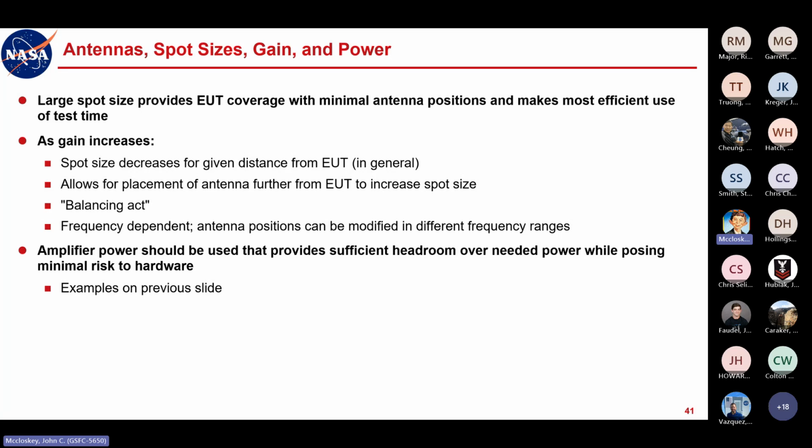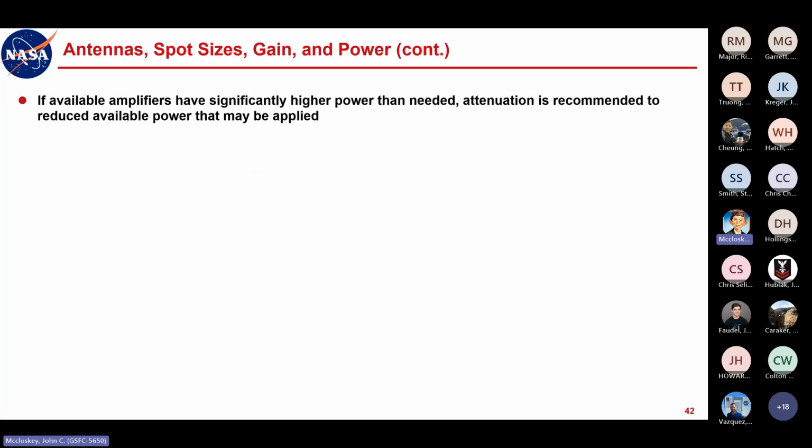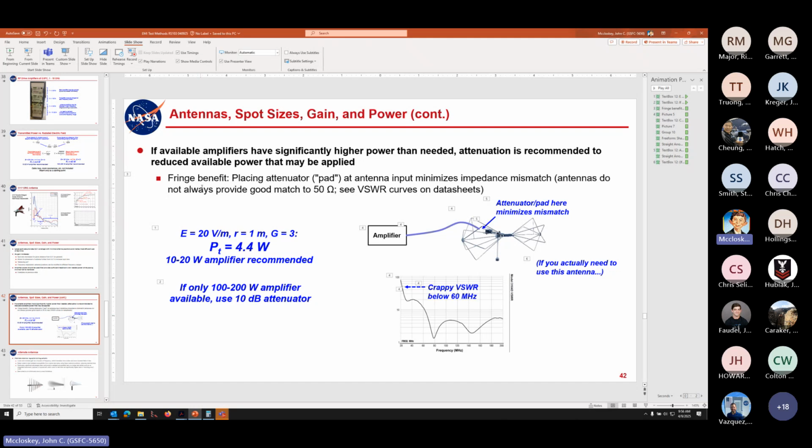So there's some examples on the previous slide. But to take this a step further, you're going to be limited by what amplifiers you have in the lab, right? So if available amplifiers have significantly higher power than what you need, then attenuation is recommended to reduce that available power.